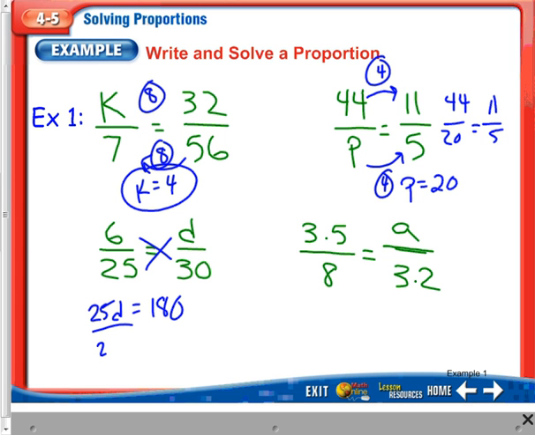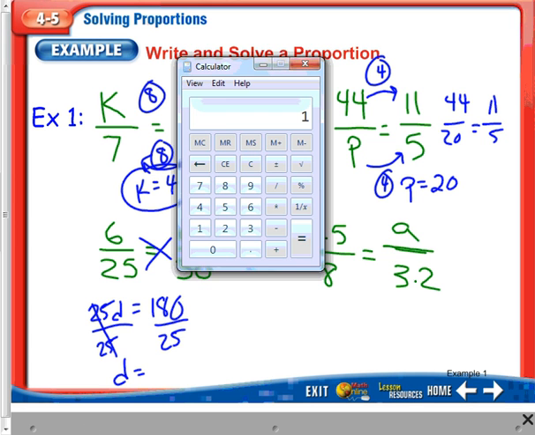And then I need to divide by 25 on both sides because I want to get d by itself. So this is just a simple one-step algebra problem, 25d. How do I get rid of the 25? I have to divide both sides by 25, so that cancels.